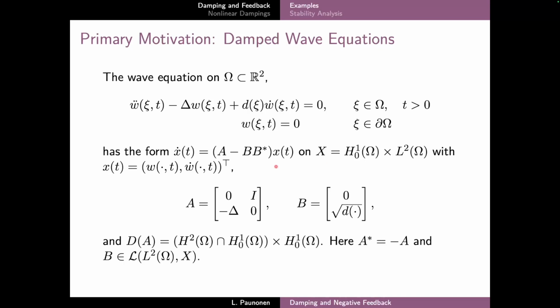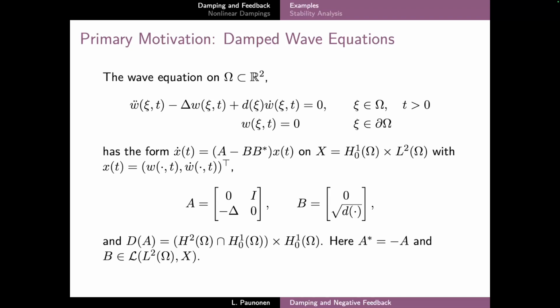And if you have seen this before, then A, the operator with undamped dynamics, is the wave operator without any damping. And then on the other hand, the operator B includes the damping parameter function as a multiplication operator. And indeed, A is a skew adjoint operator, and B here is a bounded operator.